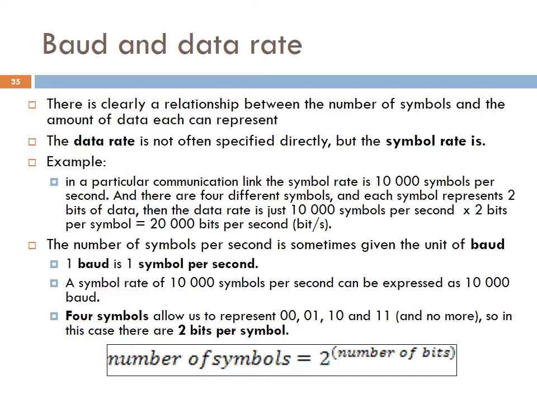In case we have 16 different symbols, this means that the number of bits is log base 2 of 16. It's equal to 4, so we have 4 bits per symbol if we have 16 different symbols. And each combination of bits has a unique symbol that could represent it.